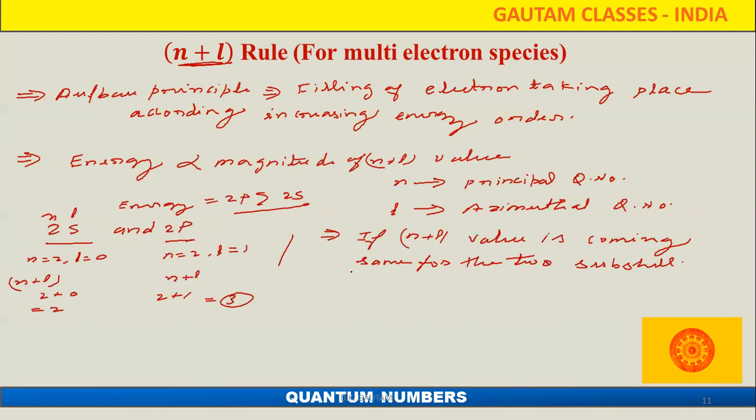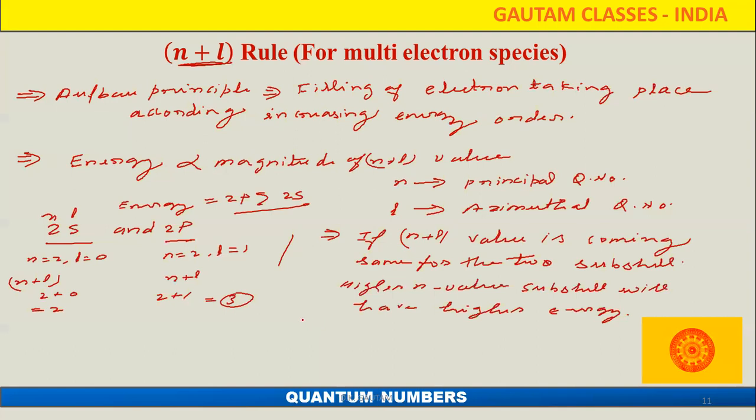So in that case, the higher n value subshell will have higher energy.